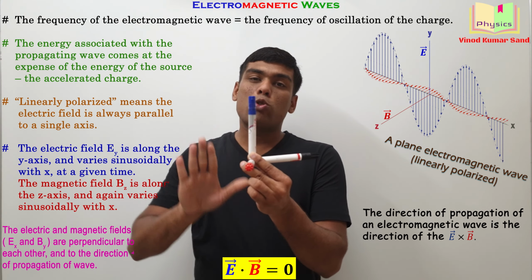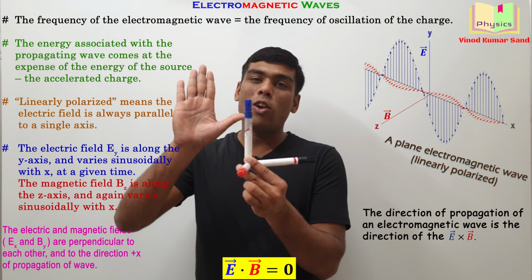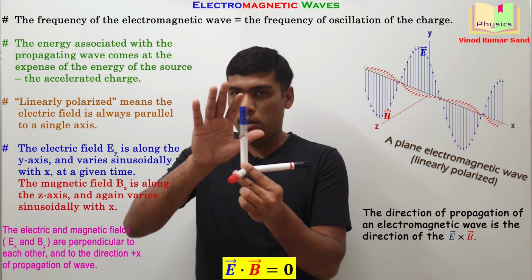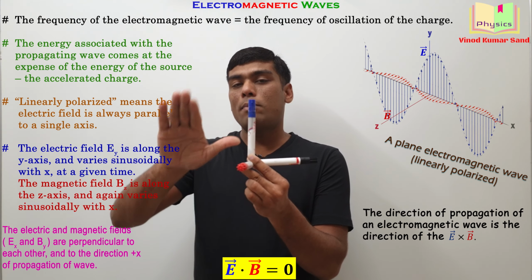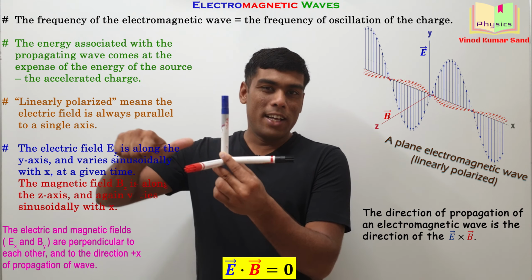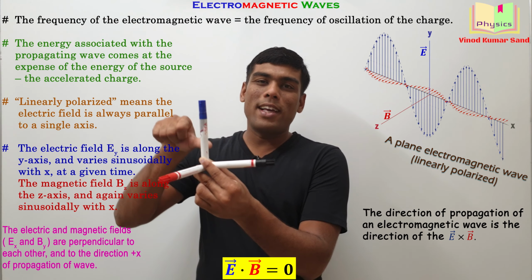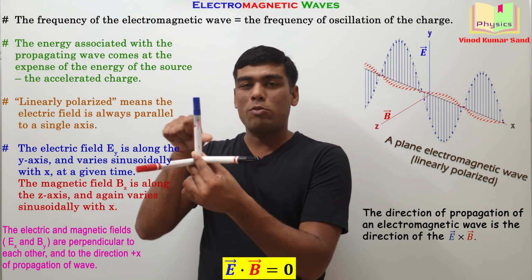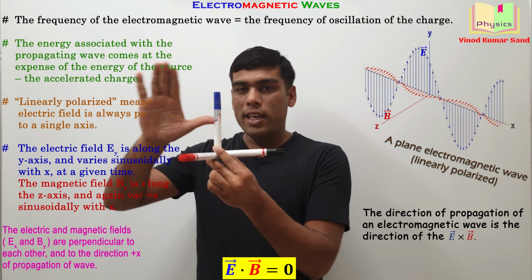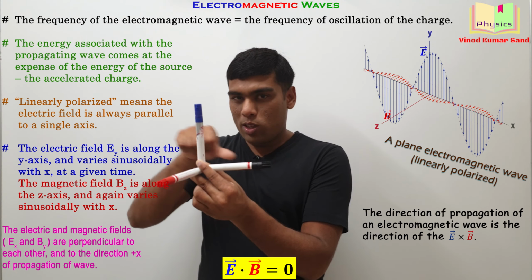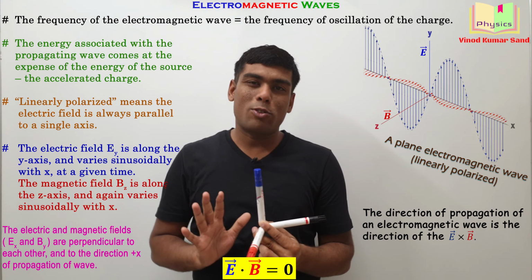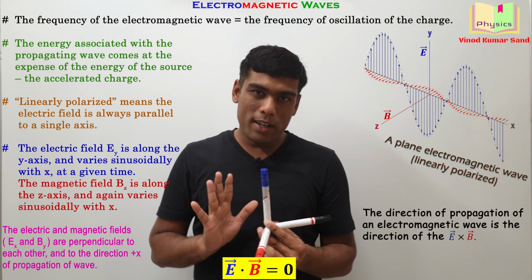How? You stretch your right hand fingers along the electric field, the blue vector, then curl them toward the magnetic field. Your right hand thumb will point in the direction of the propagation of the electromagnetic wave. E cross B gives you the direction of the propagation of the electromagnetic wave. You get this?